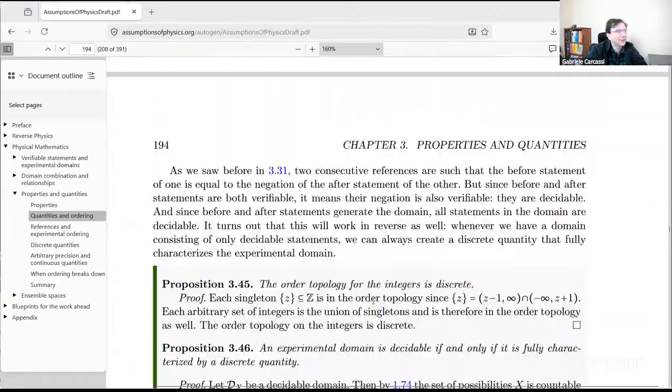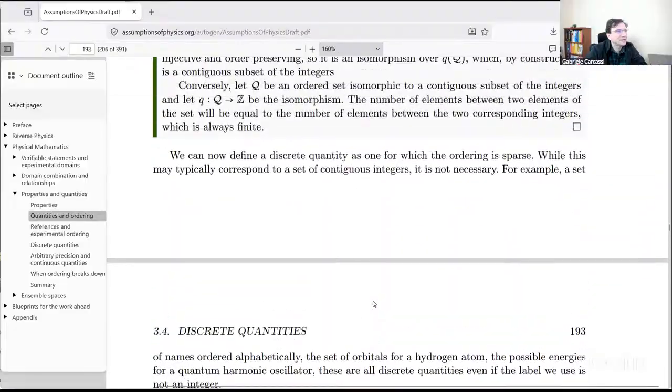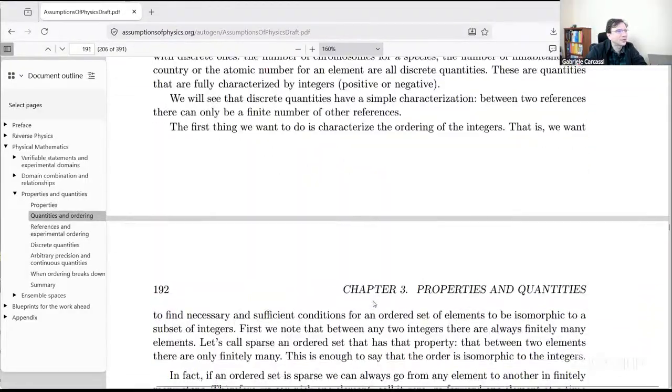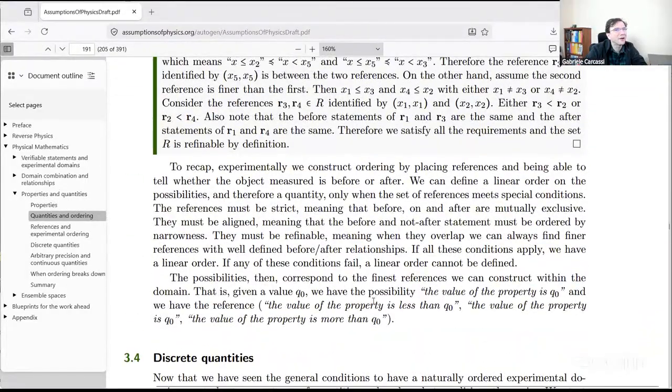Like the proofs of those pieces are much smaller. So the hard bit is to prove that you have an ordering, and that's where you have really heavy assumptions. But then once you've done that, finding the continuous quantities or the discrete quantities is very easy.